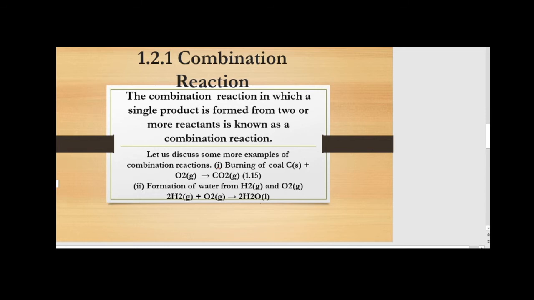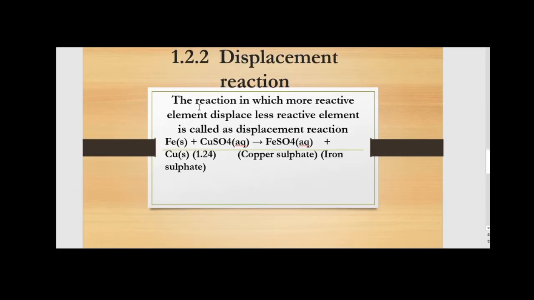Let's understand the next reaction, displacement reaction. Displacement reaction is also one type of inorganic reaction. In this reaction, a more reactive element is going to displace a less reactive element. In this reaction you can see here iron is more reactive than copper, so that's why iron is going to displace copper and it is going to form ferrous sulfate as a product.